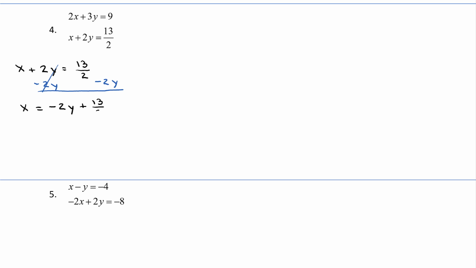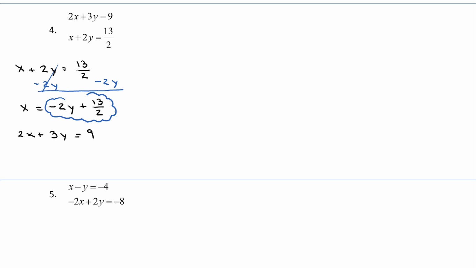Now that we have solved for x, we are going to substitute this entire expression into the other equation for x. So the other equation is 2x plus 3y equals 9. But instead of x, we are going to substitute the expression negative 2y plus 13 halves.